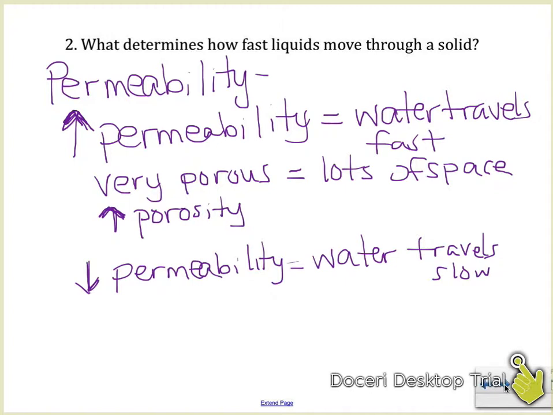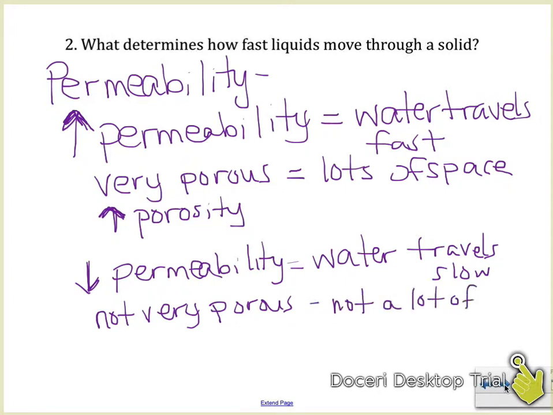Which means that it's not very porous, which means it does not have a lot of space. Again, you don't have to write it, unless you're having trouble understanding this concept, which means it's low in porosity.